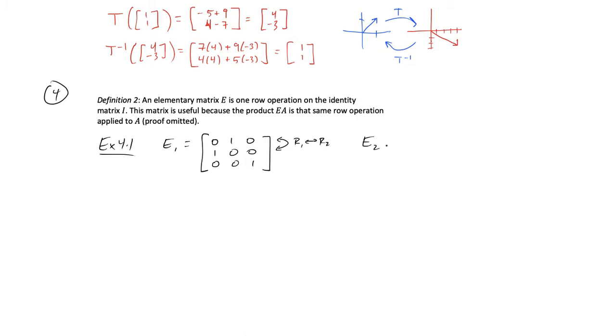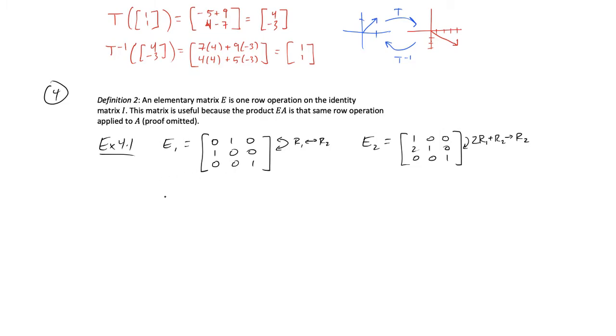Let's look at another elementary matrix, and that is going to be 1 0 0, 2 1 0, 0 0 1. And this elementary matrix is the identity matrix with the row operation row replacement: 2 times row 1 plus row 2 is the new row 2. So this encodes that row operation.